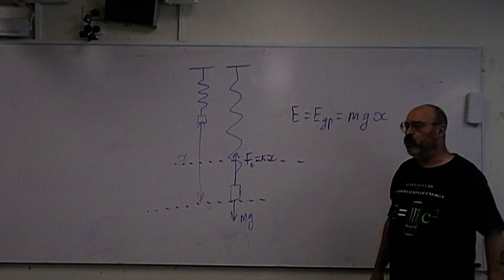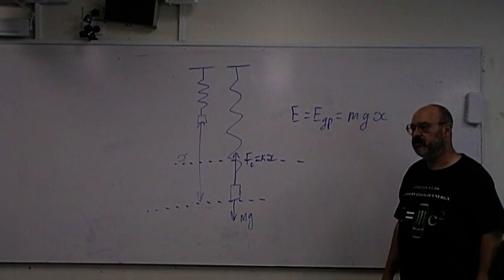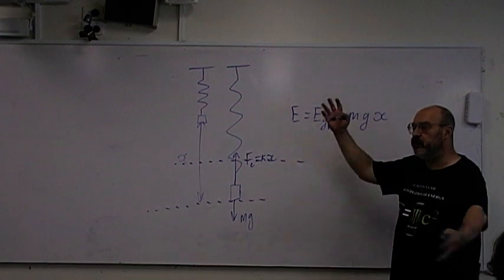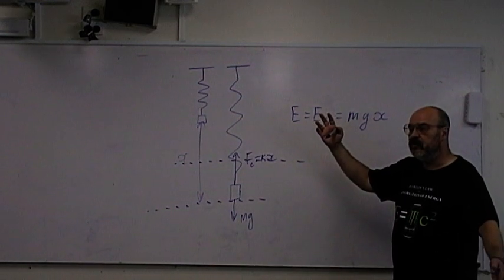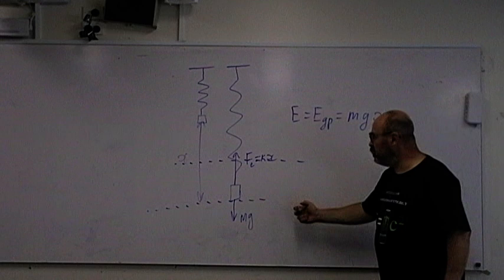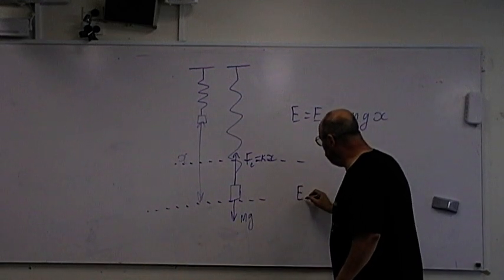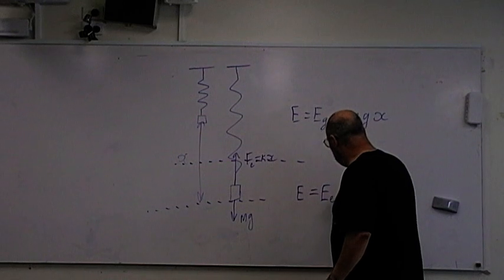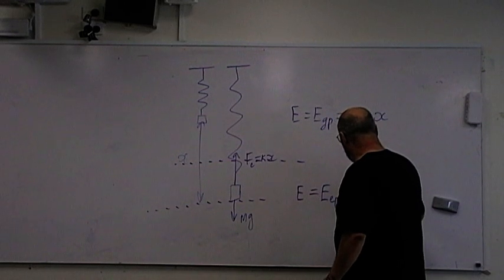At the very bottom, what energy does it have? Elastic. All energy will be elastic, spring stretched. Gravitational is 0, speed is 0, so at the bottom all energy equals elastic potential, kx squared on 2.